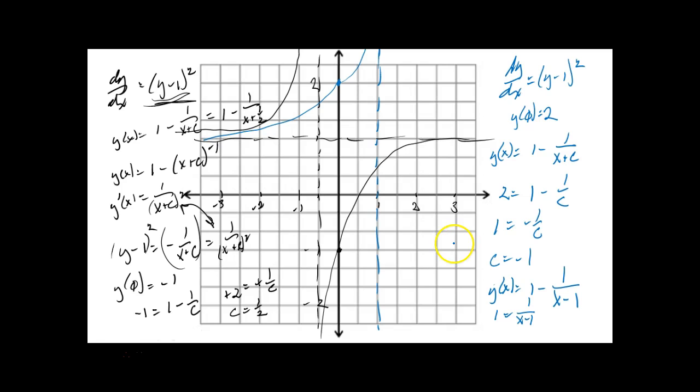Okay, so x minus 1 is equal to 1. X is equal to 2. So there's a point there too. And once you have that point, you know it has to be going like that. And yeah, that's exactly what they got to.